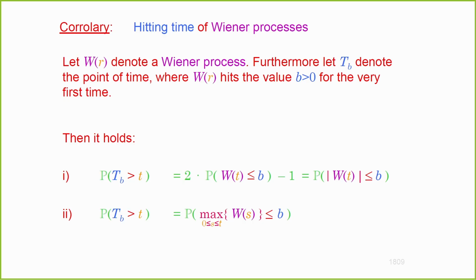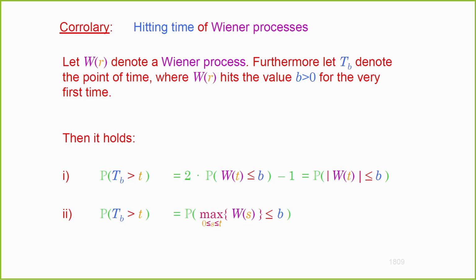So if the process is not hitting the value, because you have to wait longer up to time point t, so the hitting time is greater than time point t, which means that up to time point t, the process has not reached the value b. If the process has not reached the value b, then its maximum has not reached or exceeded the value b either.